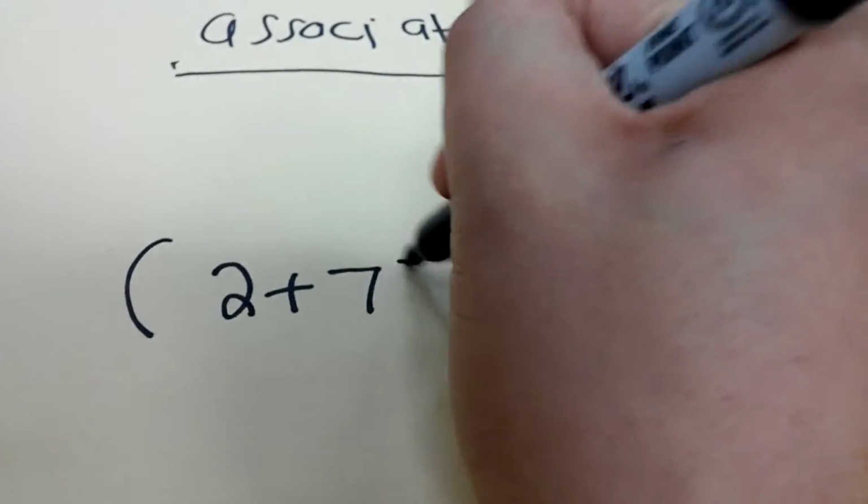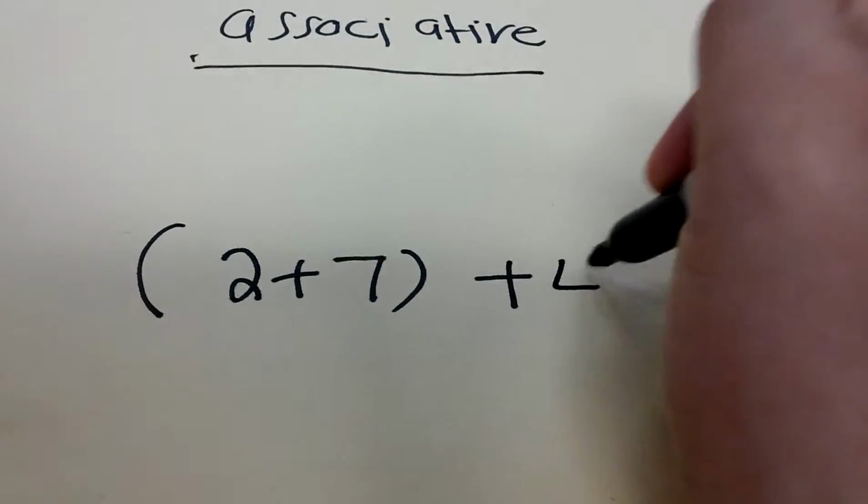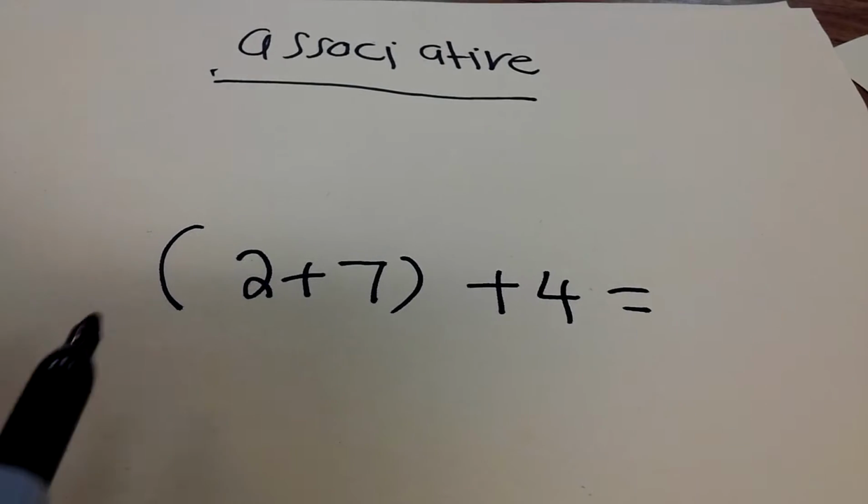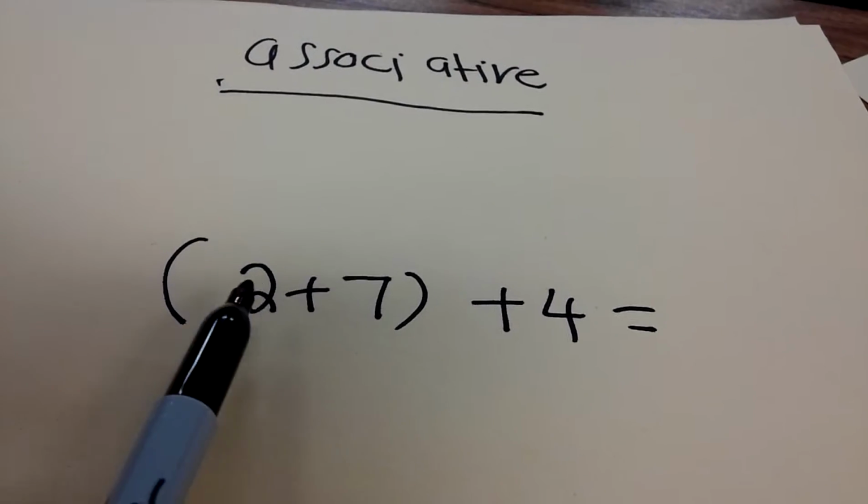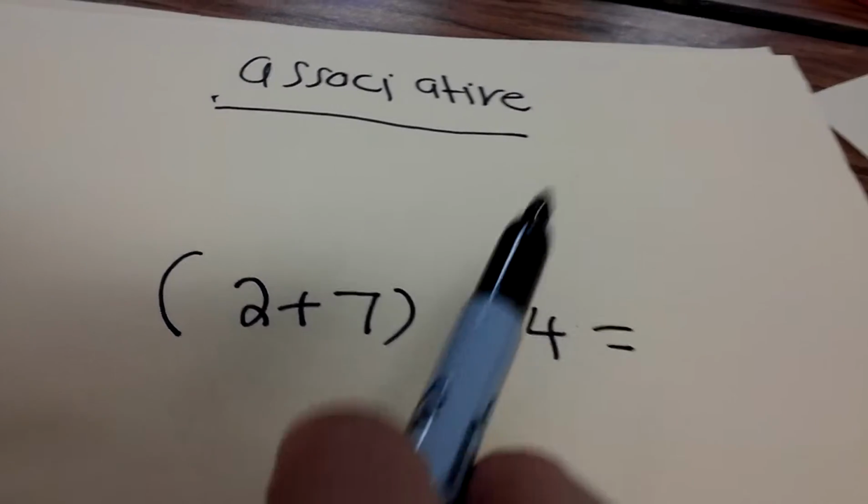Now, let's look at the associative property. Now, this one is a lot like the commutative property, but it's a little bit trickier, the associative property. If I have a question or an equation like this, if I see parentheses right there, (2 plus 7) plus 4.